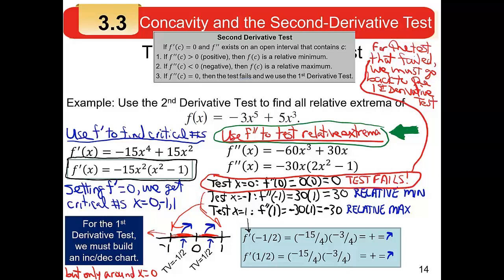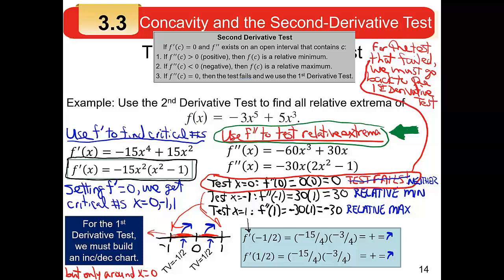You have a relative maximum if you get increasing on the left and decreasing on the right, and you get a minimum if it's decreasing on the left and increasing on the right. But if it goes up, up, or down, down, you have neither. So the place where the test failed was at x equal to 0, and by the first derivative test, we find out that it's neither a max nor a min.